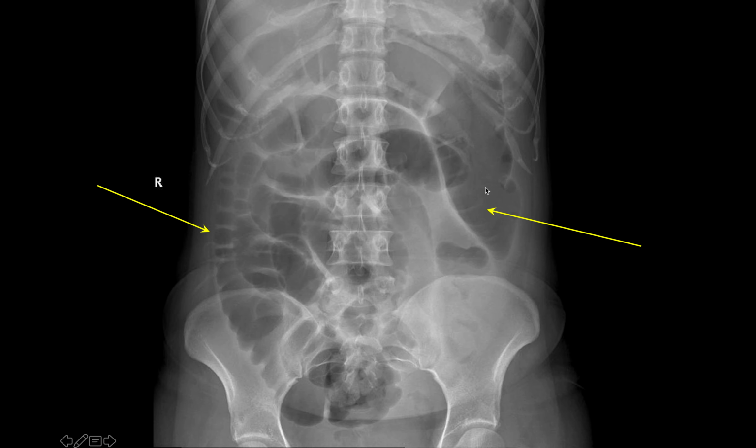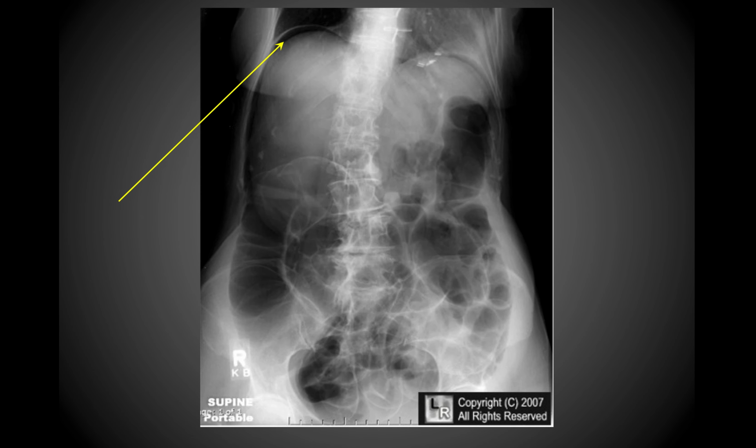So again, this is an example of a large bowel obstruction. And then here, remember that when you get free air in the abdomen in an upright, or in this case in a supine individual, that's usually going to make its way up over the liver or the stomach. So in this case, you can see that free air right below the right hemidiaphragm, just above the liver. That's an indication of free air in the abdomen.